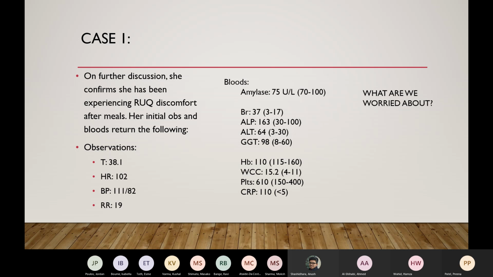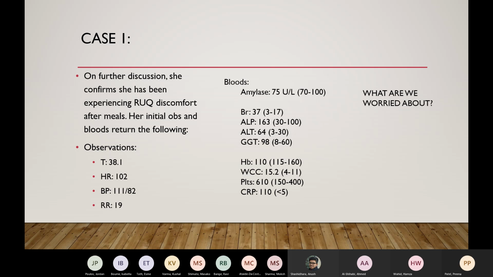Just type them out. Yeah. Pretty much everything is kind of all over the place.